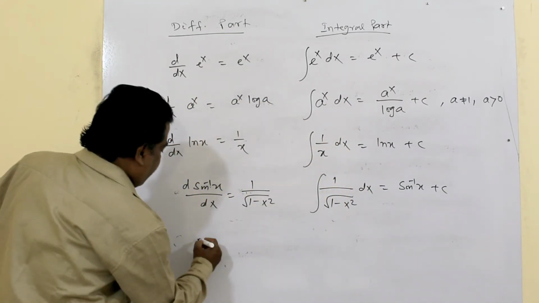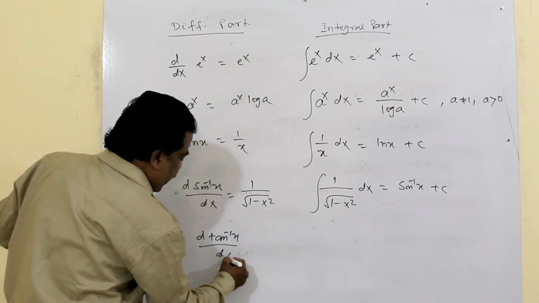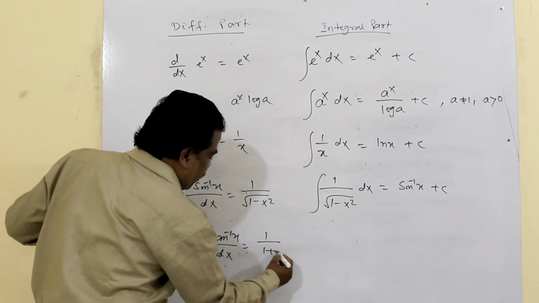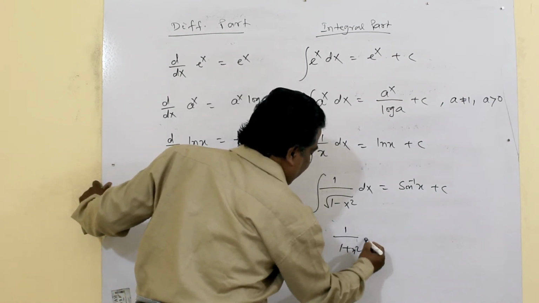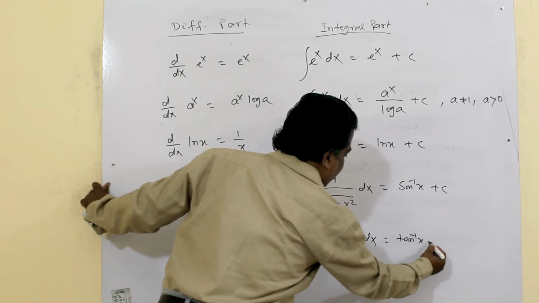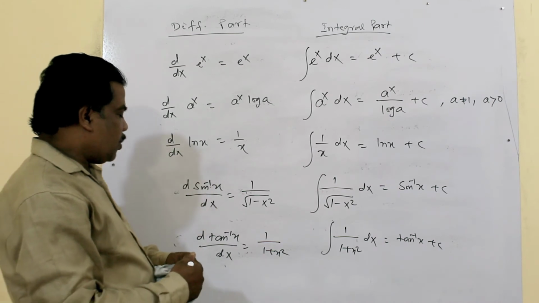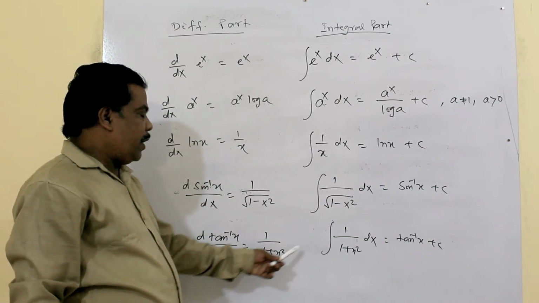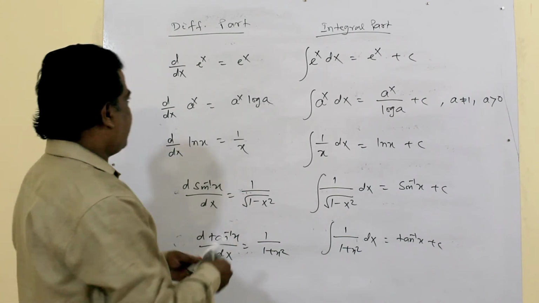The derivative of tan inverse x is 1 by 1 plus x square, hence the integral of 1 by 1 plus x square dx is tan inverse x plus c.